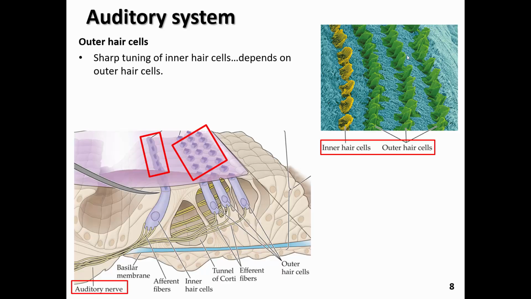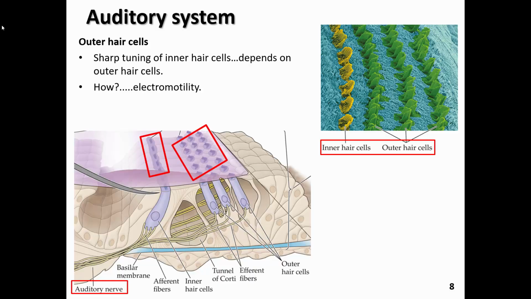So the outer hair cells play an important role in that it helps to tune the inner hair cells. This depends on the outer hair cells. So it gives a degree of sharpness, and that sharpness will make the inner hair cells even more finely tuned to the pressure wave coming through the basilar membrane that will eventually cause the shear in the tectorial membrane.